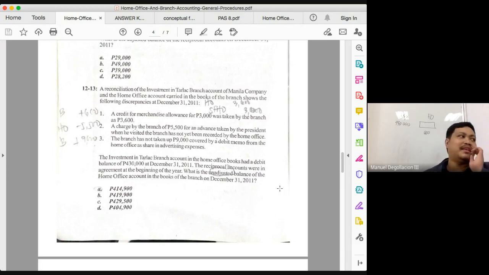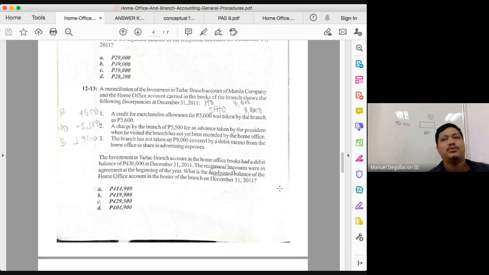Okay, because what would be the other scenario, class? If we allow the branch to acknowledge other branches, assuming there are 100 branches, then it will have to maintain separate reciprocal accounts with each branch. And that will only make the record keeping more complicated. So to simplify, the branch will assume that it is the only existing branch.